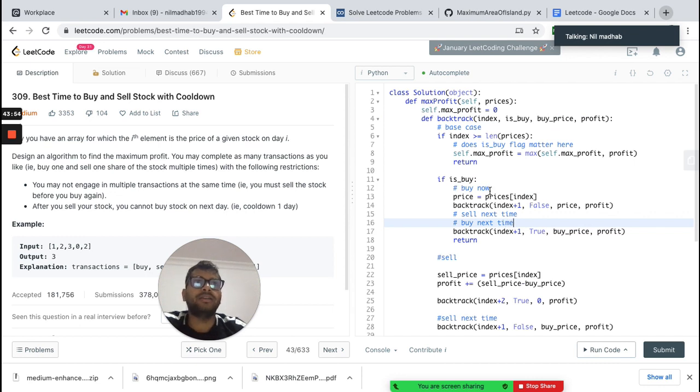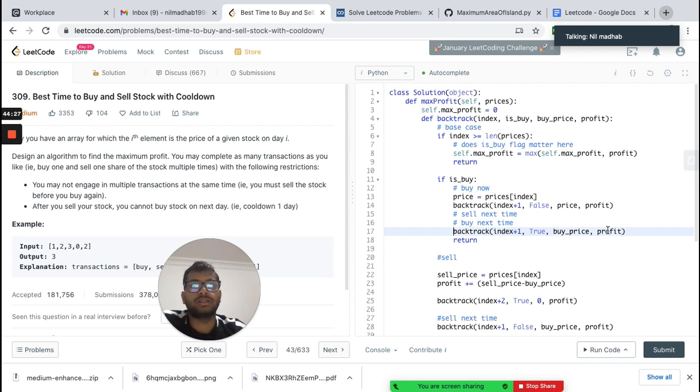If we buy today, then the price will be the price of index, and we are buying, so we have to update the buy price with this price, and profit stays profit, and we backtrack the next one, because the next day we can sell, and we make this flag false. Or we can buy the next time, so we just do index plus 1, true, buy price and profit.